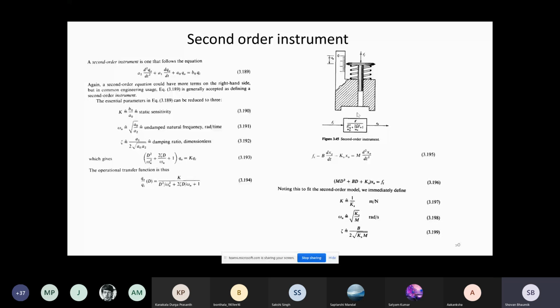One example of a second order instrument is this kind of spring balance, where there is a piston, a spring, and a scale. If you put a force on the piston, which has some elongated surface on the top, it will squeeze and the spring will give the opposite force, and at one point it will stop squeezing and stay there.